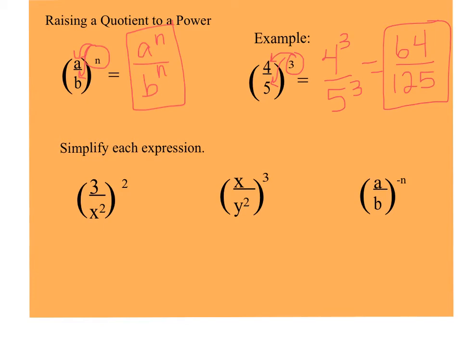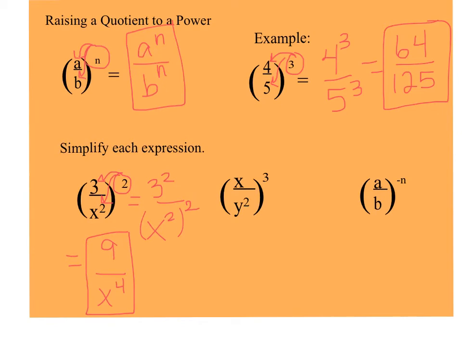And in the next one, 3x squared is squared, so both numerator and denominator are squared. And 3 squared is 9. X squared squared, that's when you multiply the exponents and you get x to the 4th.